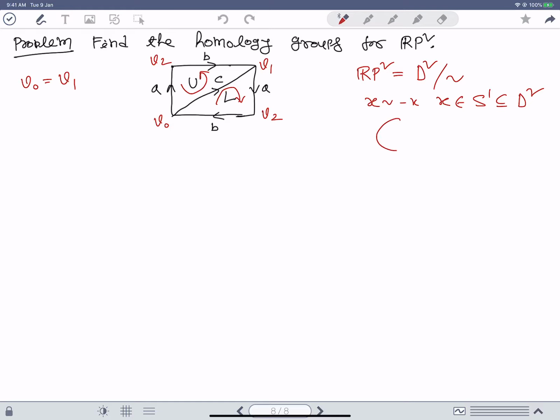That means you have a disk, and you have to identify this x with the antipodal minus x. So this identification is only on the boundary circle. This is my definition of RP2, and we have seen that this is a delta complex structure for RP2.